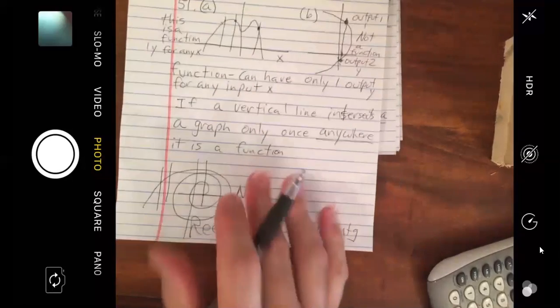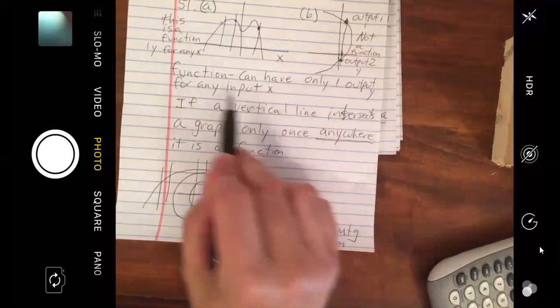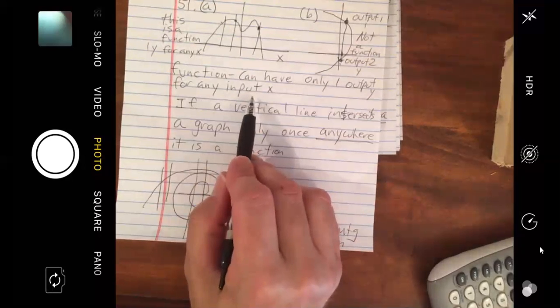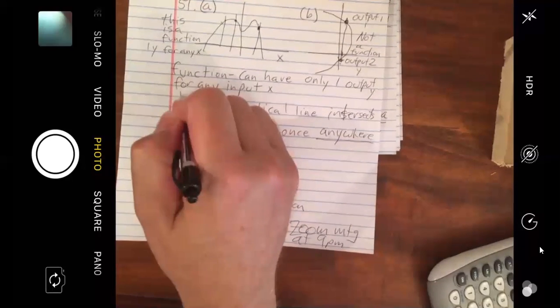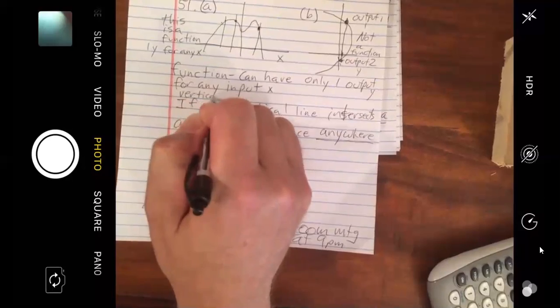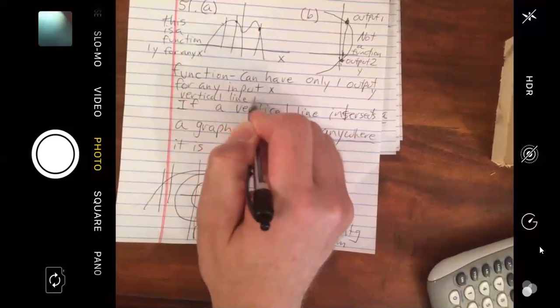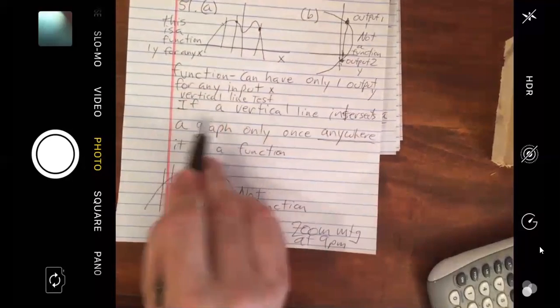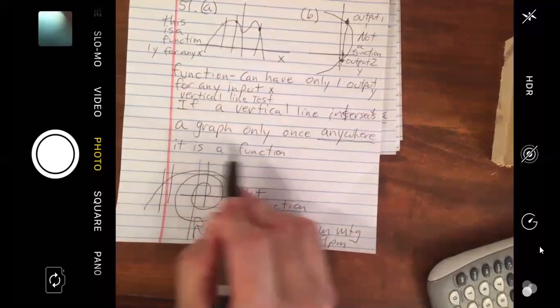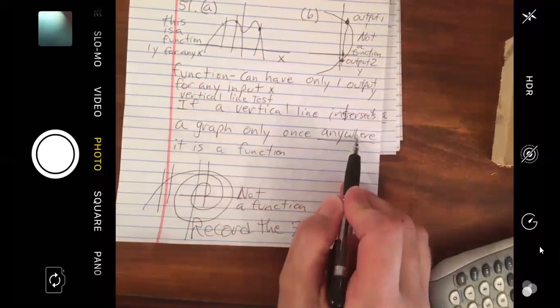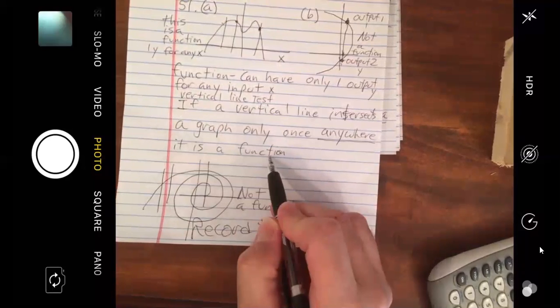So yeah, a function can have only one output y for any input x. Here is the statement of the vertical line test: if a vertical line intersects a graph only once anywhere, it is a function.